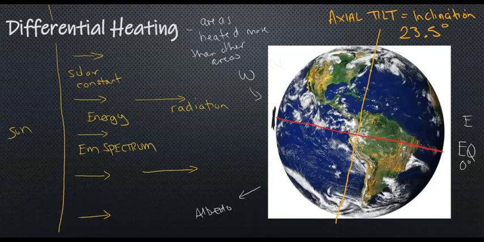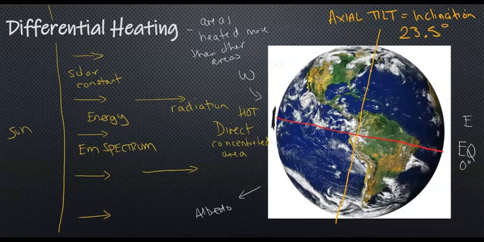So therefore, the radiation, the energy from the Sun, is hitting the equatorial region at a very direct and concentrated area. So the solar constant that's hitting the equator is direct and concentrated, therefore it will become hot.